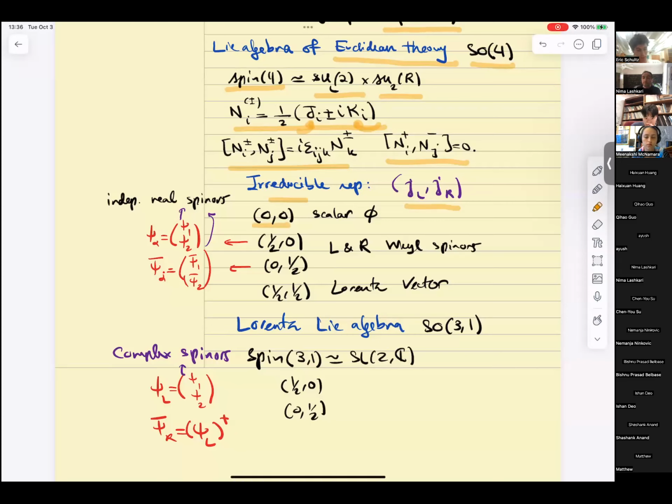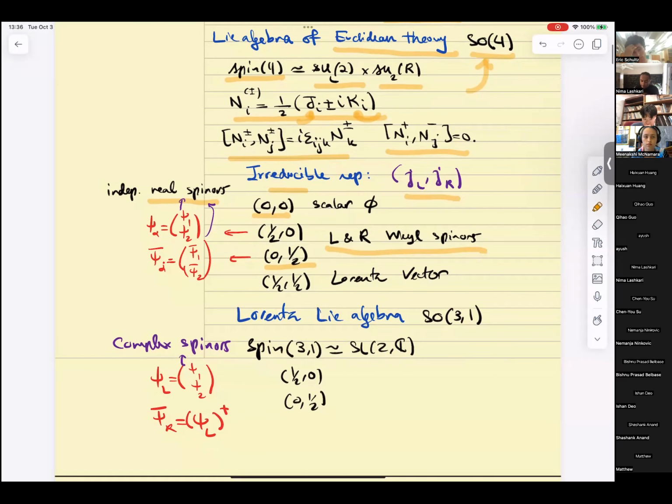This is a scalar field. Then there's (1/2,0). This is the left-handed spinor. (0,1/2) is a right-handed spinor. And because we're talking about the SO(4) Euclidean theory, these are independent real spinors, right?